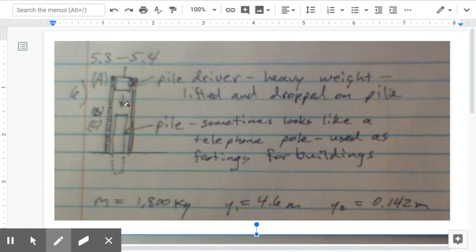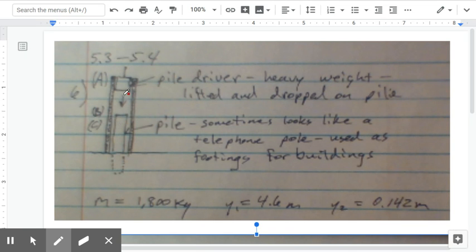Now, when the pile driver is at the top, it has gravitational potential energy and no other type of energy. All of that energy is going to be converted to kinetic energy right here at point B. And then that energy is going to drive the pile down 0.142 meters.